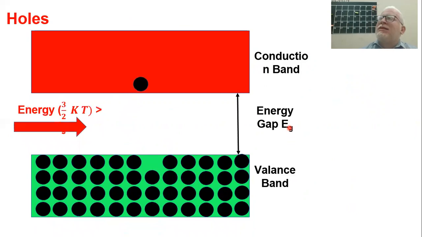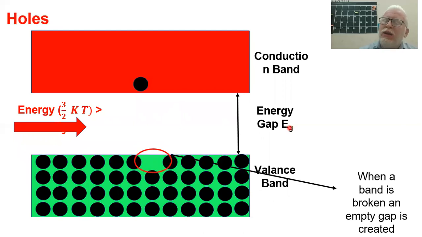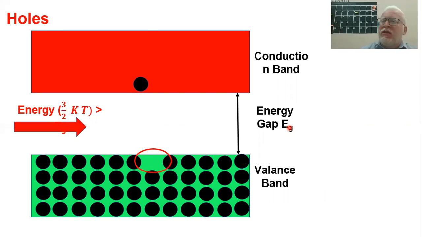Finally, to terminate this slide, we have to remind ourselves of a very important definition, which is a hole. A hole is a broken bond. Before the electron gains energy and leaves the valence band, there was a bond between this electron and the nucleus.